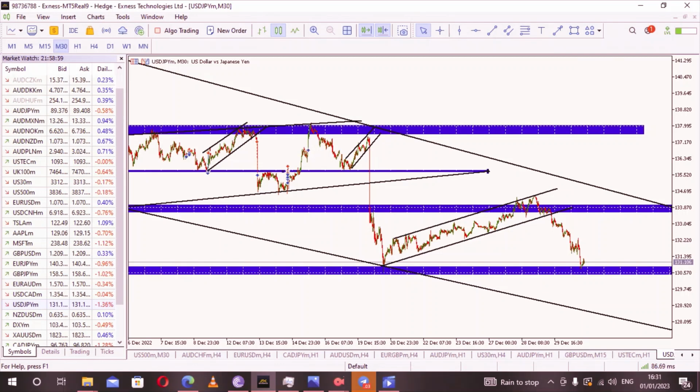If it's a downtrend like in this instance, then make sure that you look for sell opportunities. When you zoom in, you make sure you mark all your zones that the market seems to be reacting to. From there, you draw your patterns, and then in your patterns, just make sure that you wait for a close below or above your market structure, and then that's when you can take a trade.